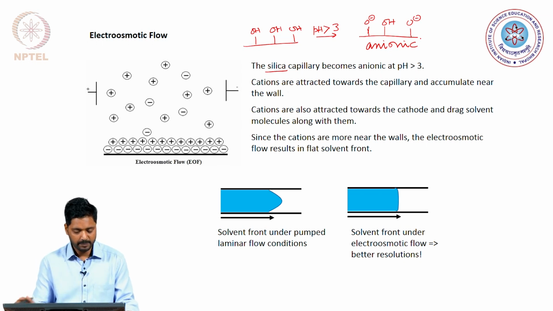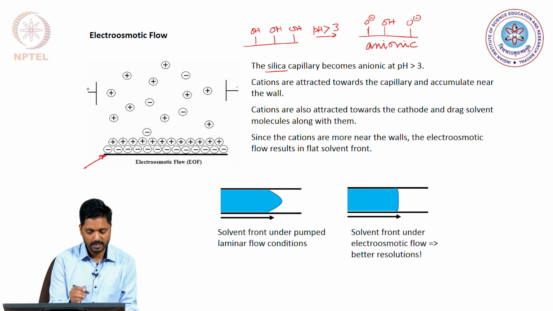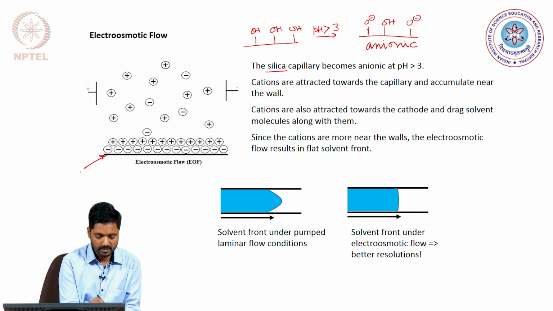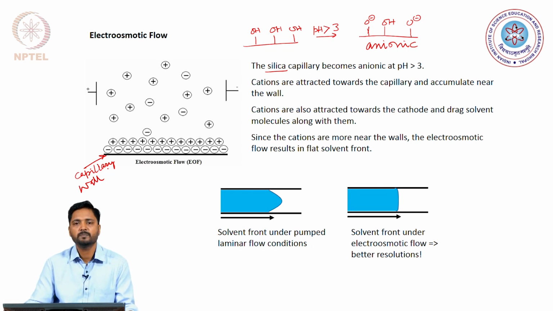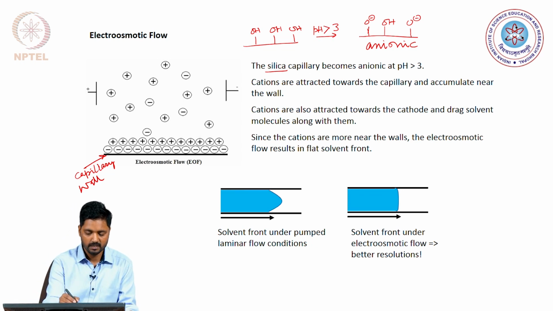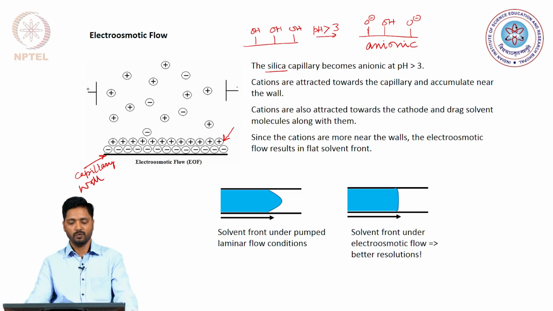Now, when that happens, and that is demonstrated here by showing the capillary wall, which now has an anionic charge, the cations present in the electrolyte are attracted towards this negatively charged surface, and they start accumulating close to the surface or the wall of the capillary.